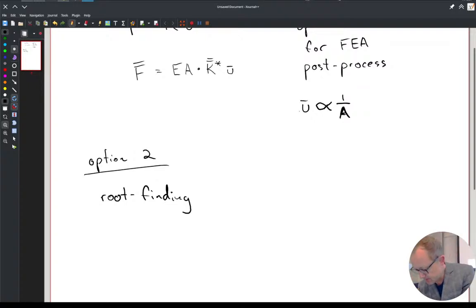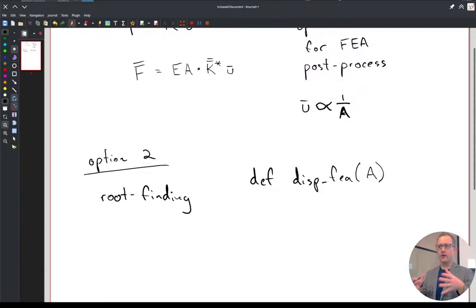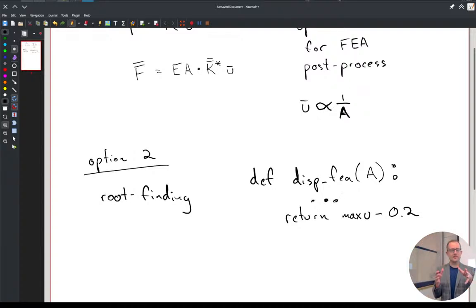But if we can define DISP FEA of A, where our input is area, and then return max U minus 0.2, and this will have stuff in it where we're solving the problem and figuring out what that max displacement is, and subtracting it from 0.2.